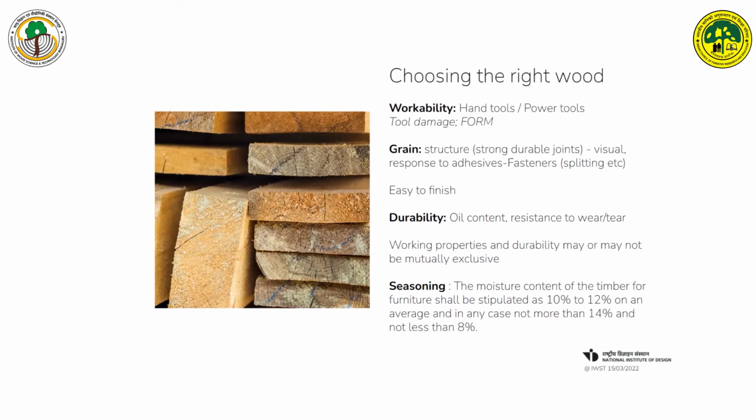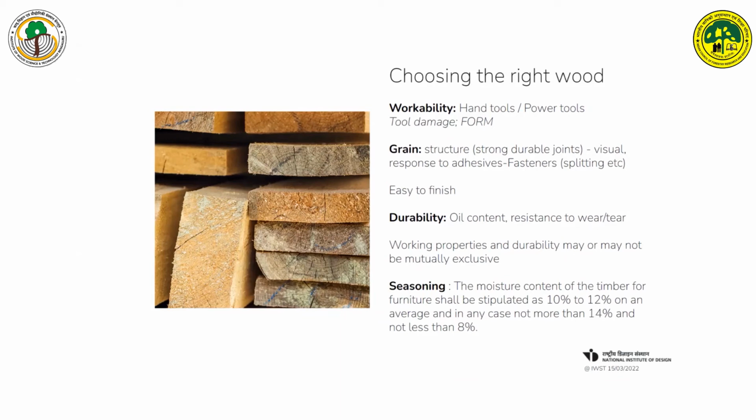Another very important aspect is the seasoning. When you cut a fresh tree, it is a living entity. It has a lot of nutritional fluids going through it, and when it's freshly cut and not dried to a certain workable moisture content, then you won't be able to function optimally.